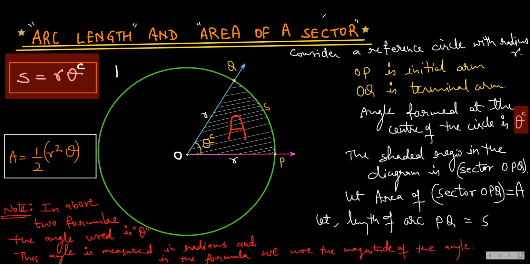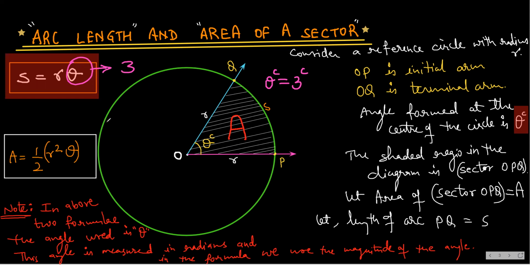Suppose the central angle theta radian you found to be, say, 3 radian. Then in the formula for theta, you will only write 3. Why? You don't have to write radian here.